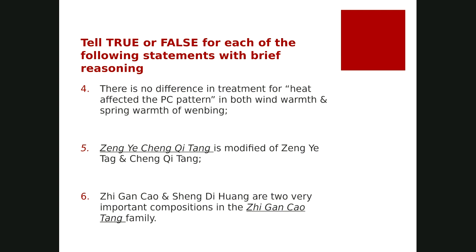One answered false. Anybody else? Some answered true. So what are we going to be treating for the clients? Are we treating based on the category of the warm disease, or are we treating based on the pattern of differential diagnosis in TCM? What are we based on? Based on pattern, thank you.